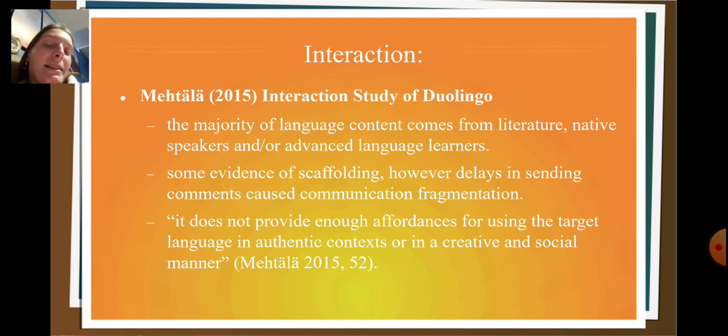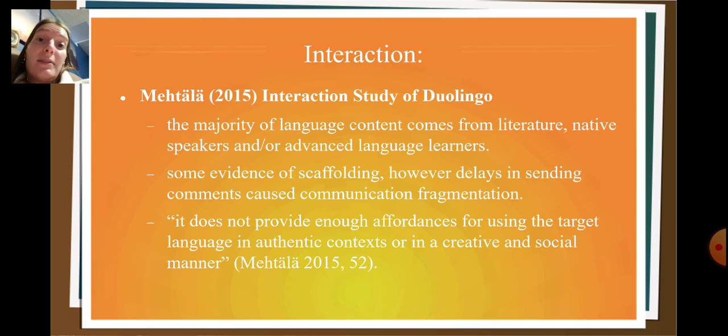Metellia and Metelli conducted an interaction study of Duolingo and identified the majority of language content comes from literature, native speakers, and/or advanced language learners.